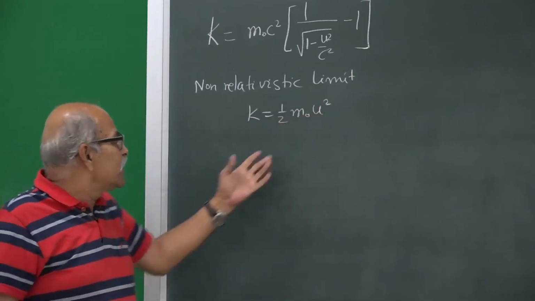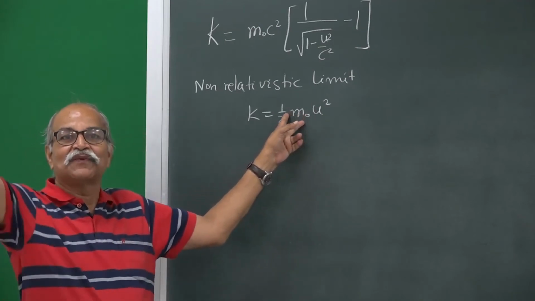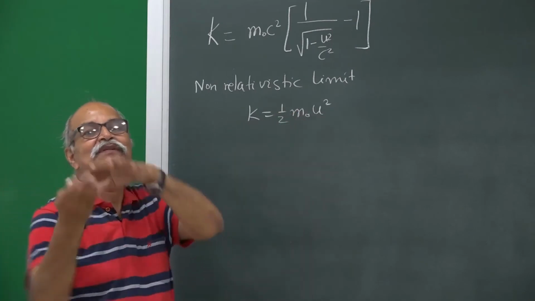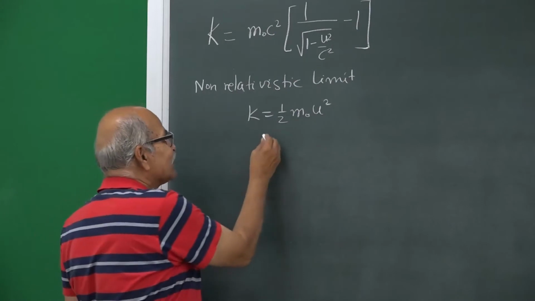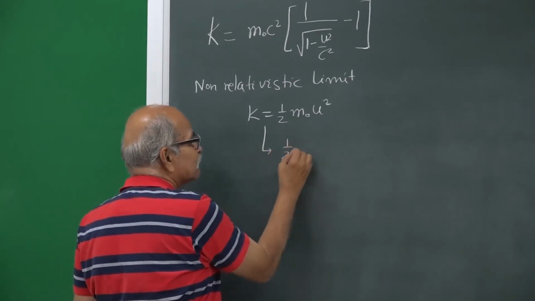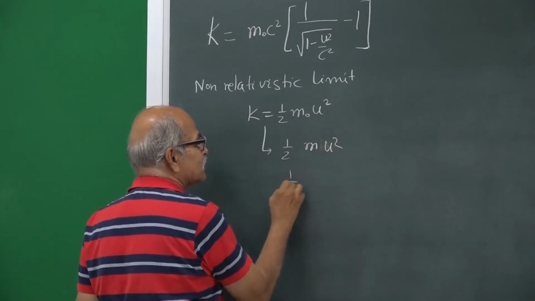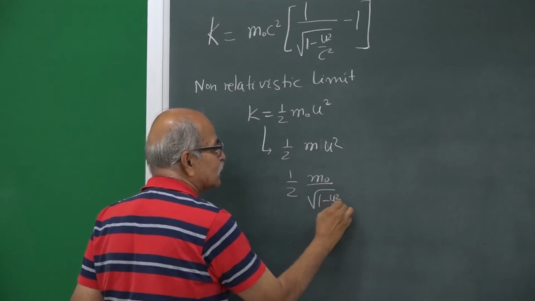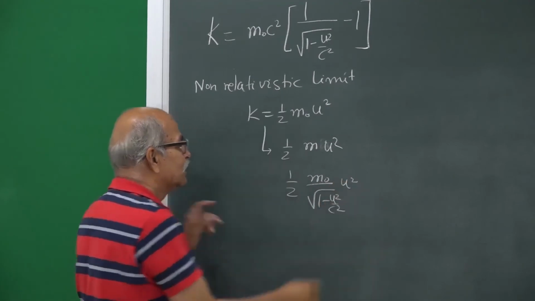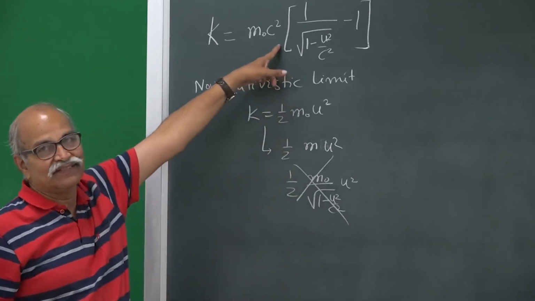If you say that okay, in place of rest mass, the mass increases because of velocity, and therefore we have to put that increased mass, that relativistic mass here, and you modify this as half m times u square, which is m naught by square root of 1 minus u square by c square times u square. It will not work, it will not work. This is not same as this.